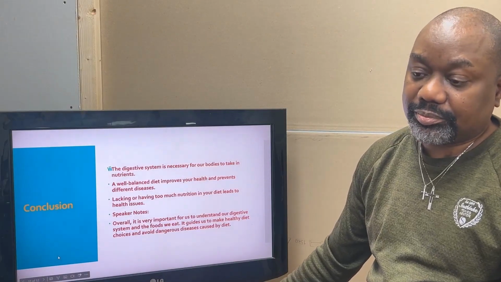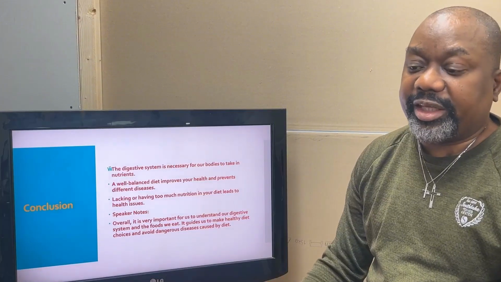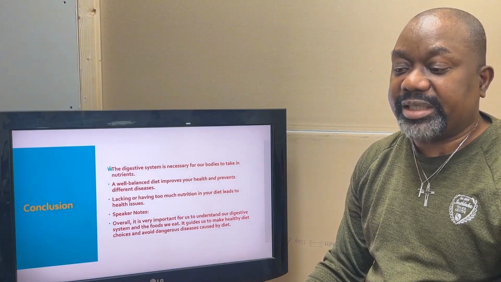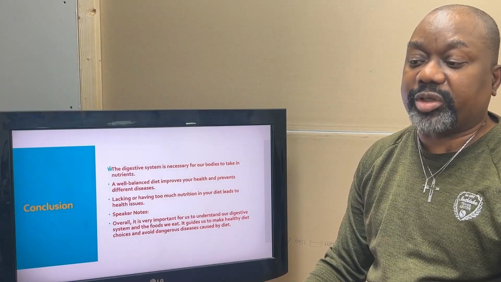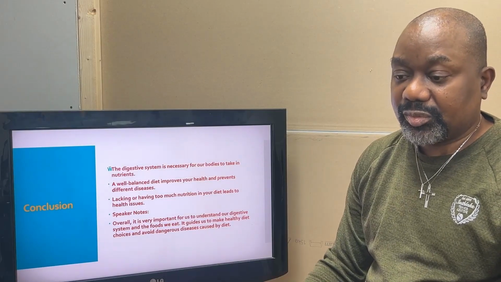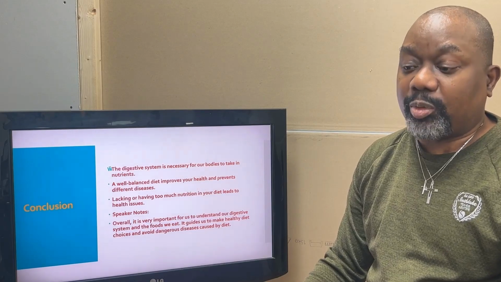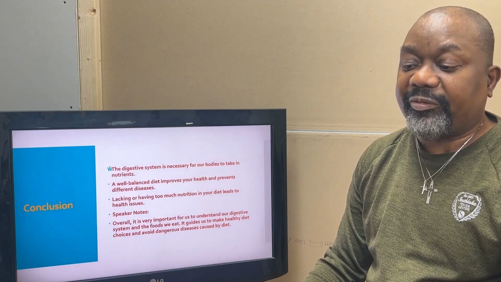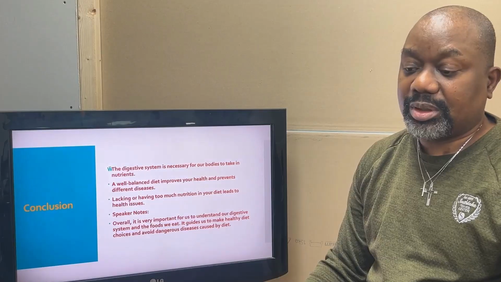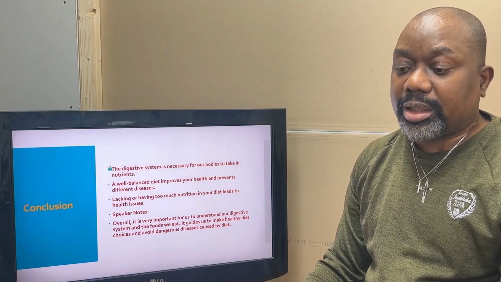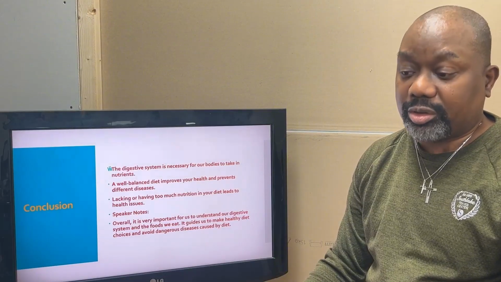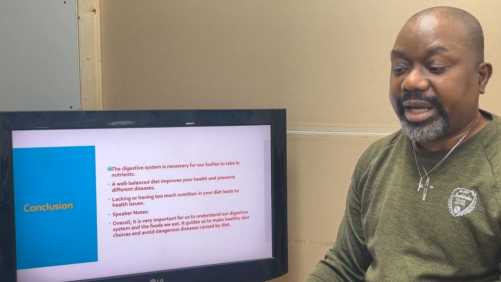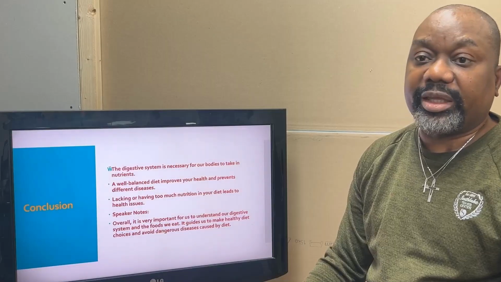Conclusion. The digestive system is necessary for our body to take in nutrients. A well-balanced diet improves our health and prevents different diseases. Lacking or having too much nutrition in our diet could lead to health issues.